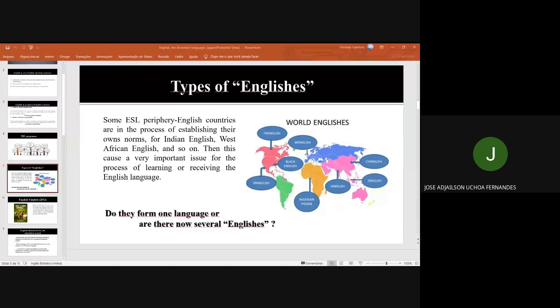What do you think, class? Is it one language, or are there several Englishes? I think there are many Englishes. It's not just one English, it's many.